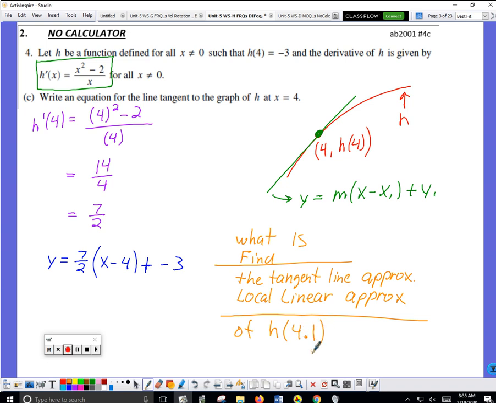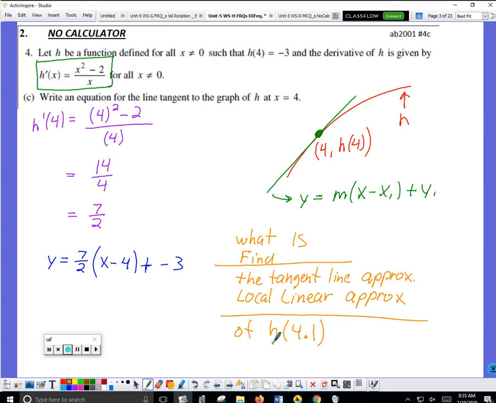Okay? And what they're asking you to do is really, really simple. If I'm trying to find h of 4.1, just ignore the problem. I just want you to answer the general method. Generally, what is the method for finding h of 4.1 in any problem?